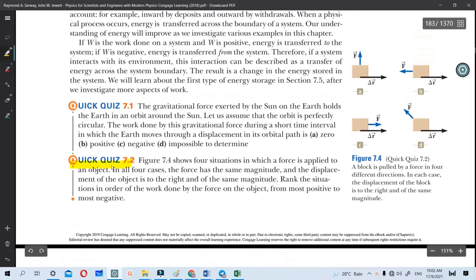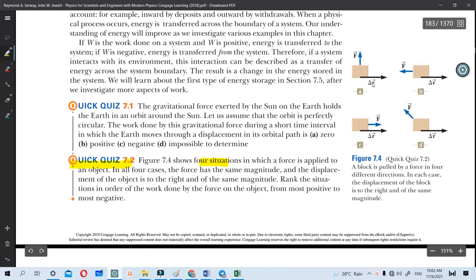Now, in quick quiz 7.2, we are given four situations A, B, C, D, where forces are applied differently by somebody, by the environment, to the system. The system is the blocks here, right? And they have the same magnitudes of F and the same magnitudes of displacement.